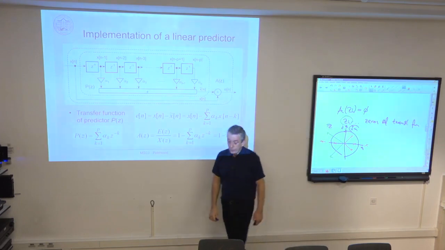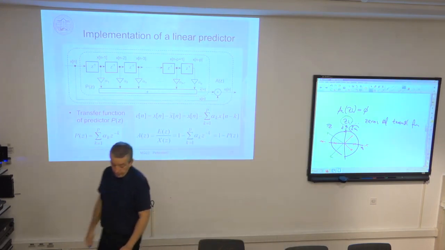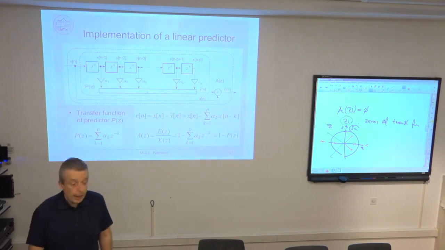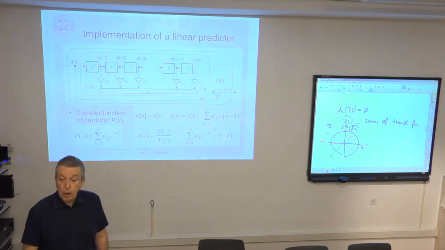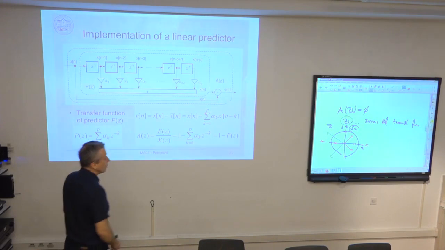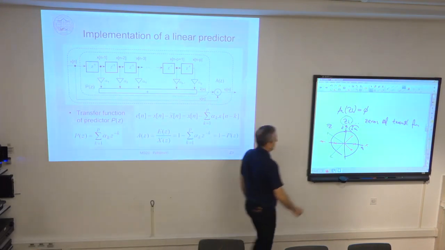The problem of inversion or reconstruction happens only if these roots are outside the unit circle, so if the magnitude of these roots is greater than 1.